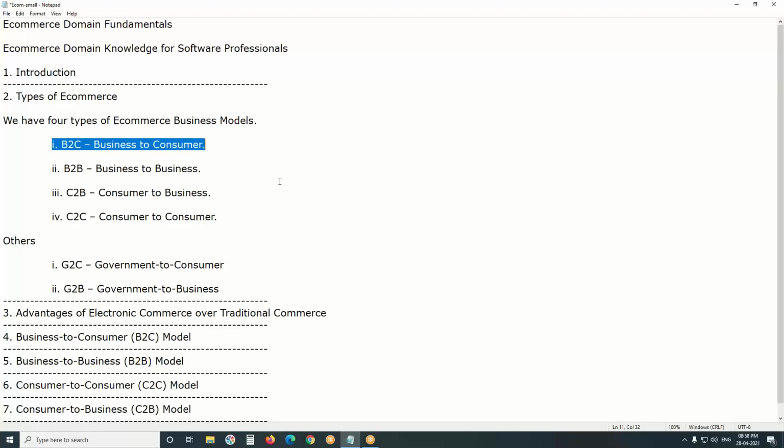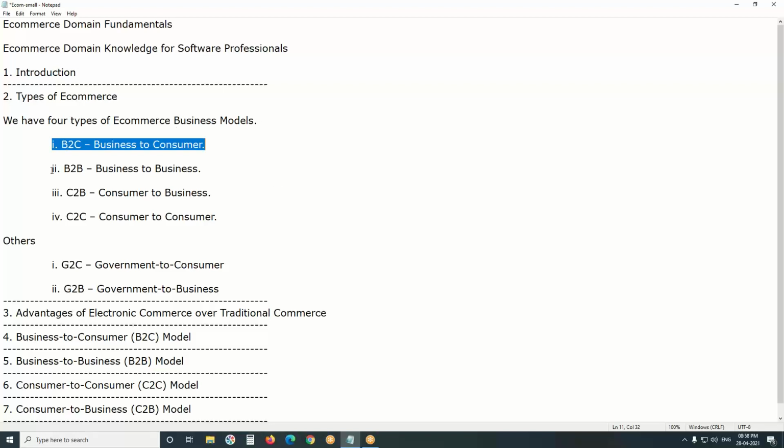B2C, business to consumer model. The B2C model is the most common business model, in which goods or services are exchanged over the internet between online stores and individual customers.